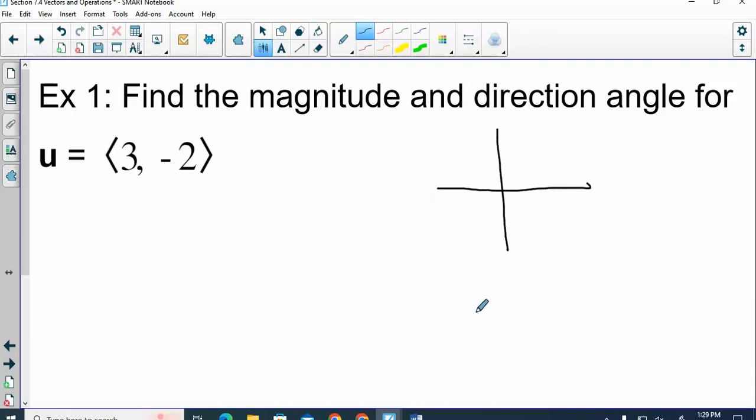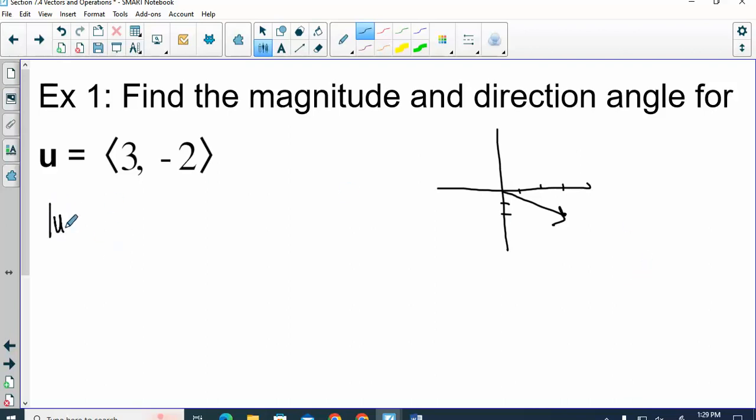If I ask for a graph, what quadrant is this vector in? 4, because you go over 3, down 2. So I could ask you to draw it, just a little line segment, but then you put an arrow on the end. So the vector looks kind of like a ray.